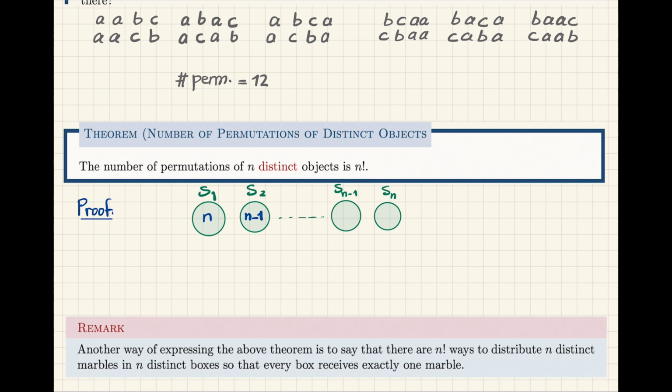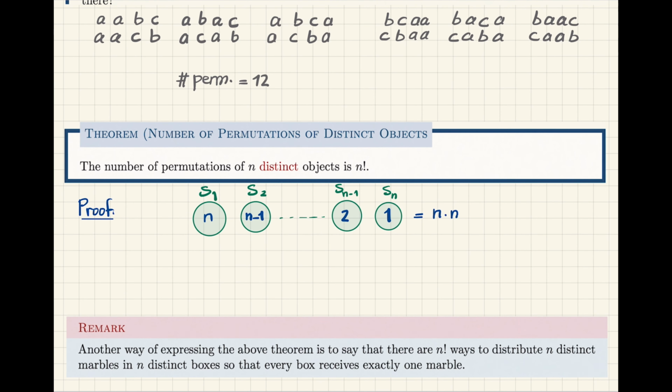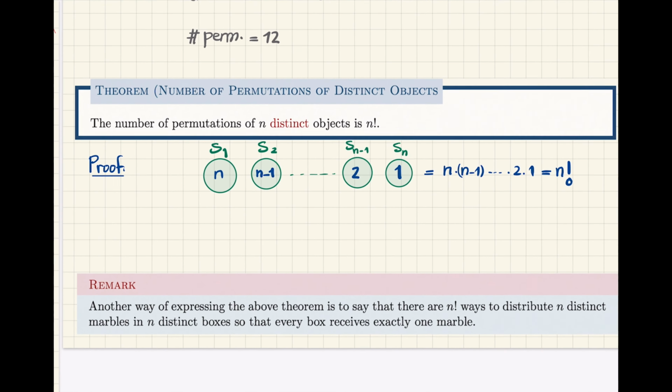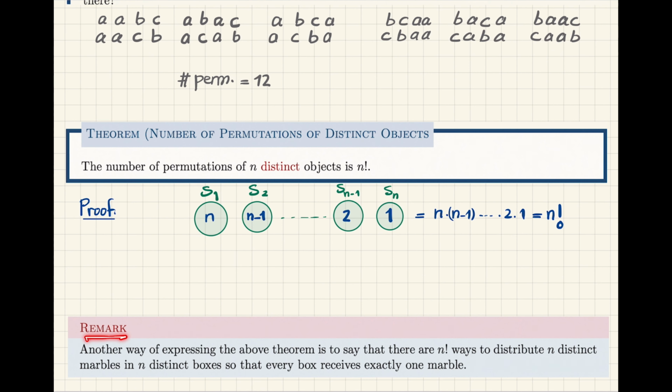And then hopefully you can convince yourself that there are 2 options available, and finally there is 1 option. So the answer would be n times n minus 1 up to times 2 times 1, which is simply n factorial. So this statement is also nice to know.